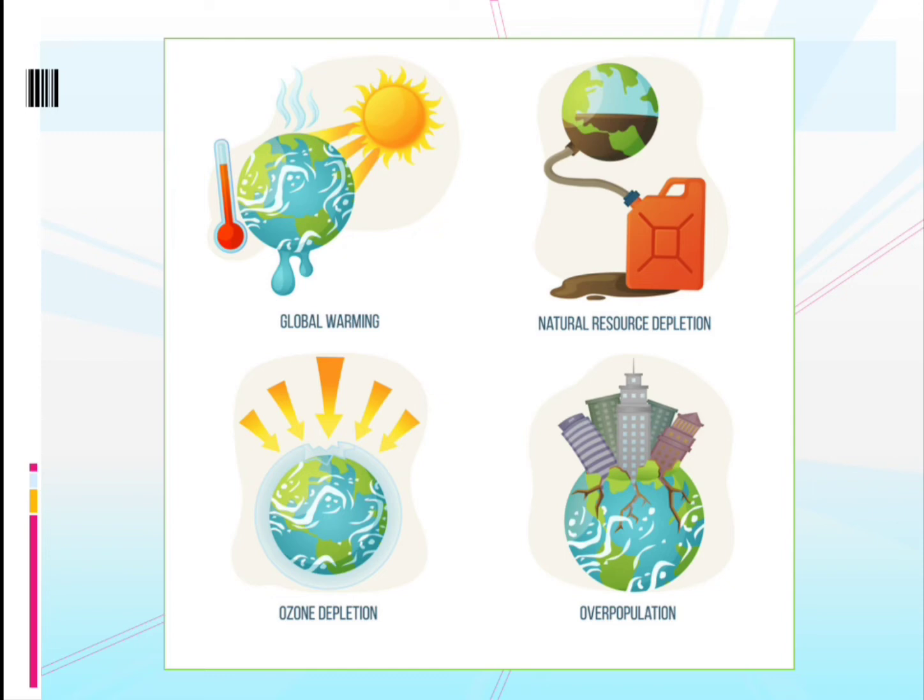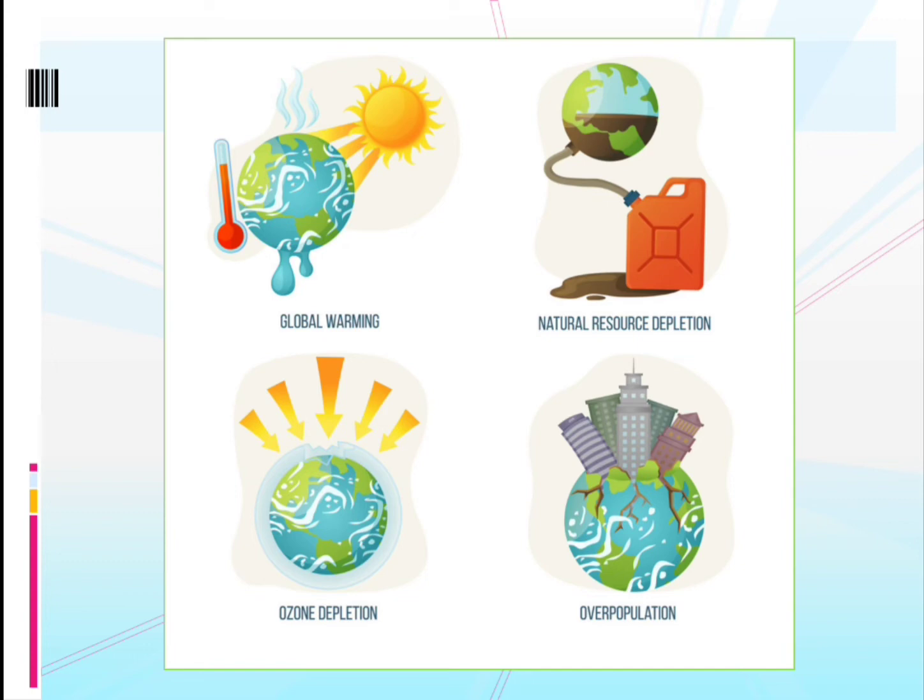Next, ozone depletion. As we are using the natural resources more, we are creating more pollution, isn't it? If you take the example of a car itself, it produces a lot of air pollution, and some cars also produce a lot of noise pollution. Because of that pollution, the ozone layer is getting depleted, it is getting a hole in it, isn't it, children?